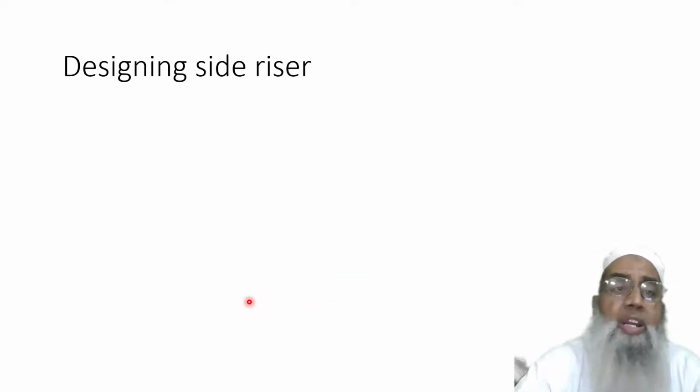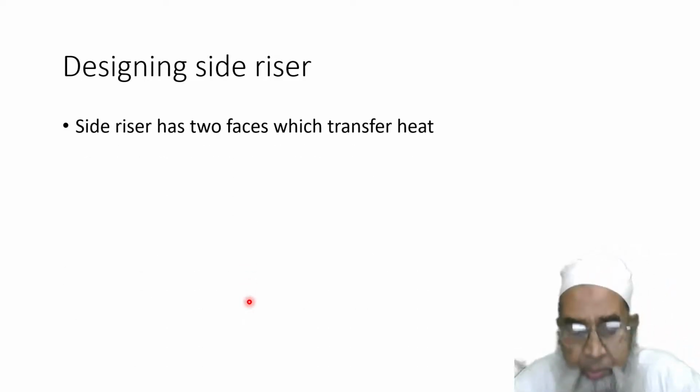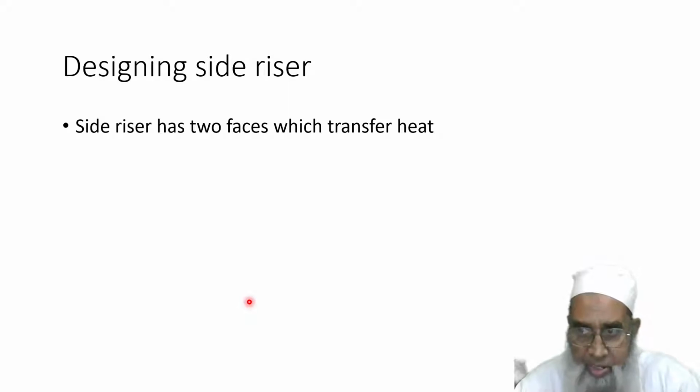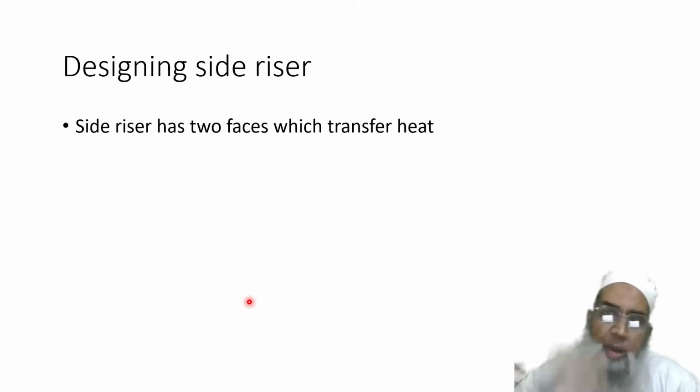Now, similarly for the side riser. In case of a top riser, the bottom face of this cylindrical riser will be in contact with the casting, while the top surface of the riser will be exposed to the atmosphere. Therefore, heat transfer will take place only through the curved surface and the top surface.